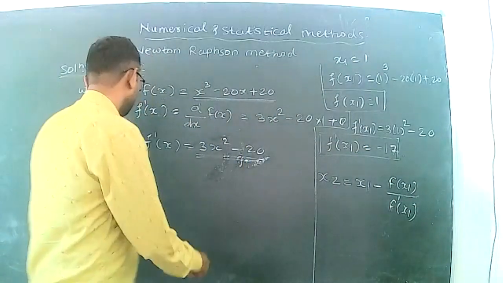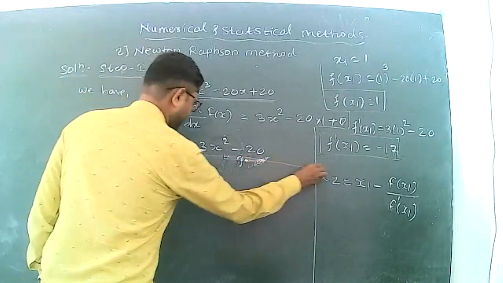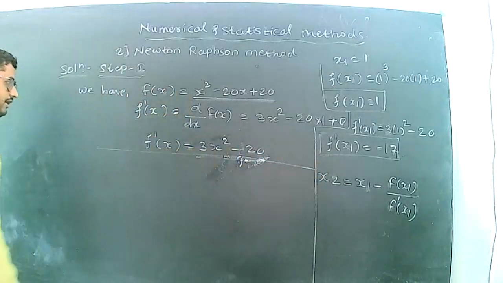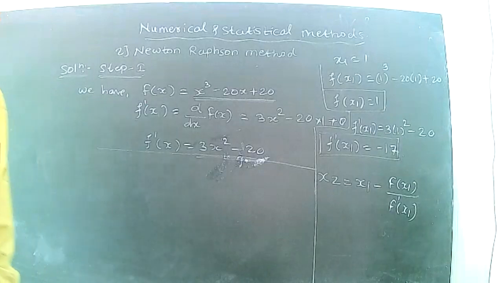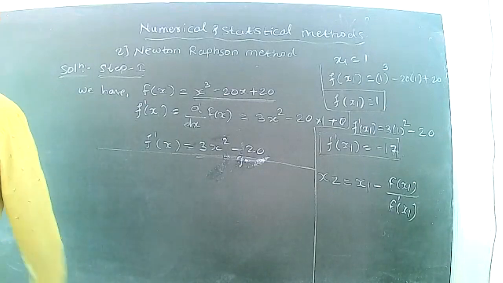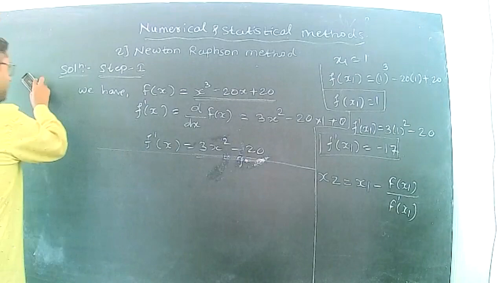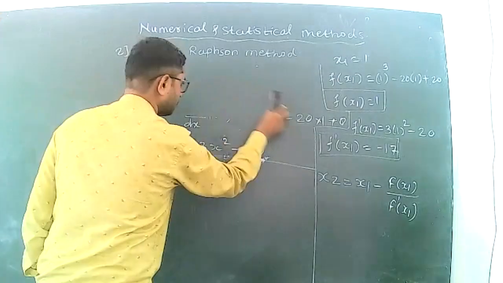Then, in the next step, find x2 by putting in the values of x1, f of x1 and f dash of x1.